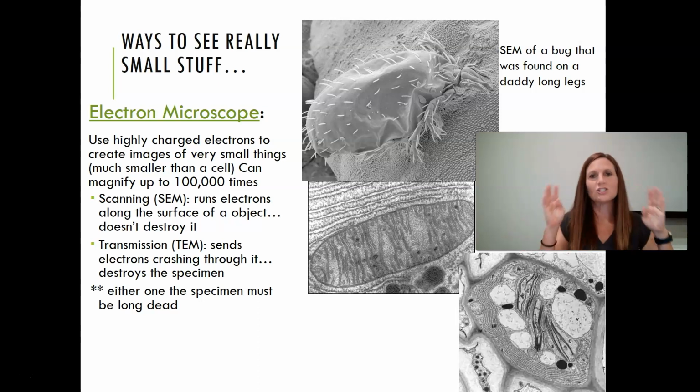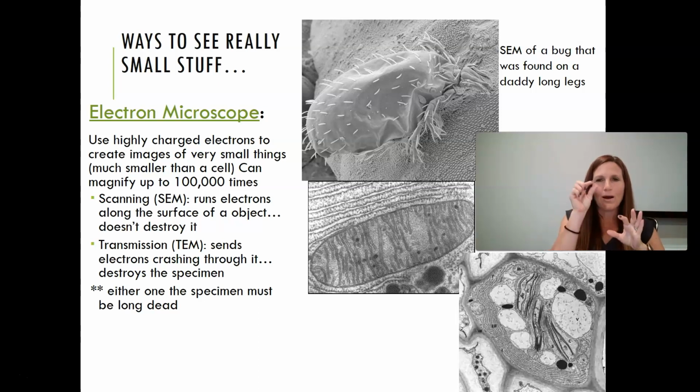So picture a daddy longlegs spider, right? And now imagine that teeny tiny body that they have, and then identify that this patchy skin right here, that's the skin of the body of the daddy longlegs spider. So this is a really large magnification on something that we can kind of visualize.